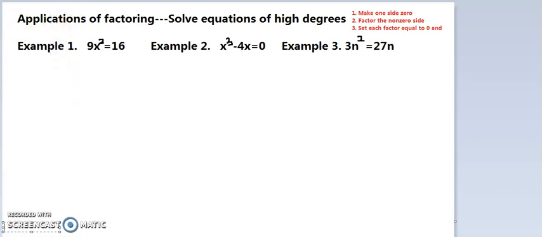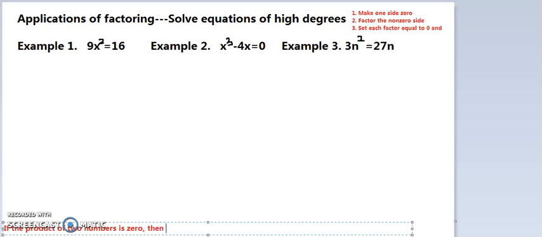The property says if the product of 2 numbers is 0, then one of the numbers must be 0. The 2 numbers here could actually also be 3 or more.